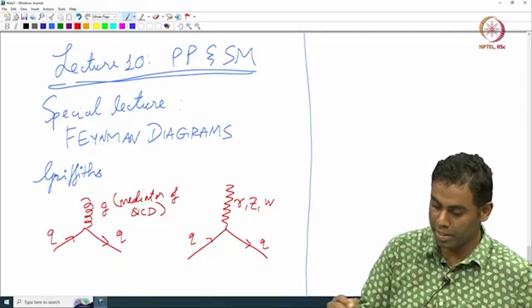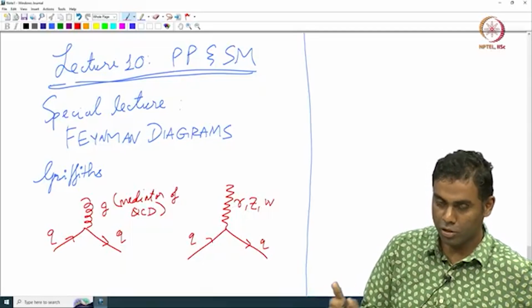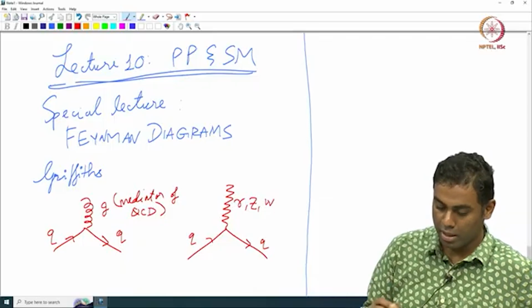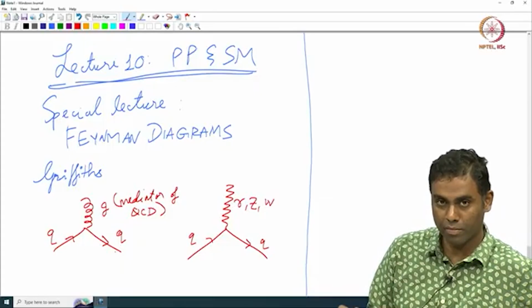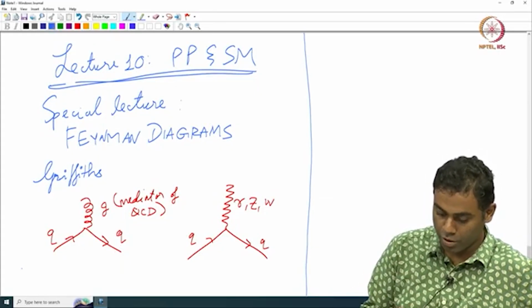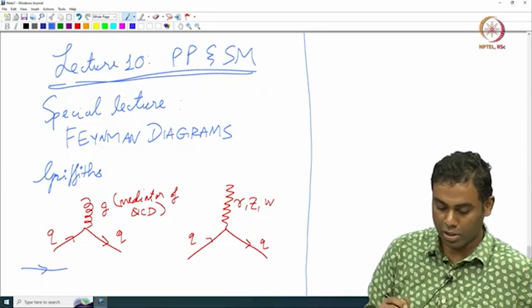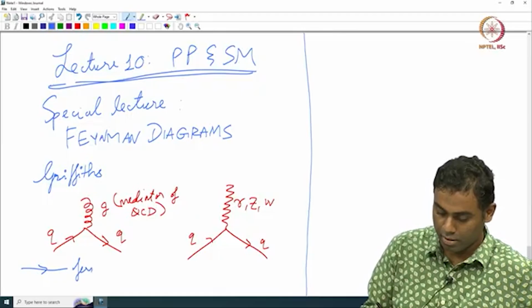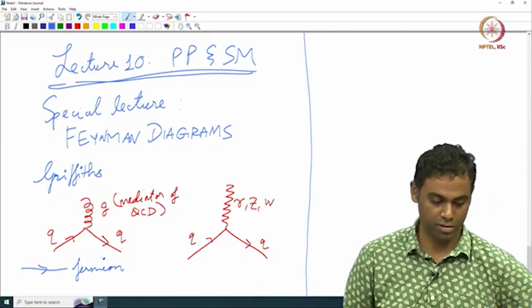Over here it looks like a spring, over here it looks like a squiggle, correct. There is one other thing that I have done here. I have drawn quarks with solid lines with arrows on them. That is how you denote a fermion. And what does the arrow mean exactly? We will see in a second. It has a very special significance.